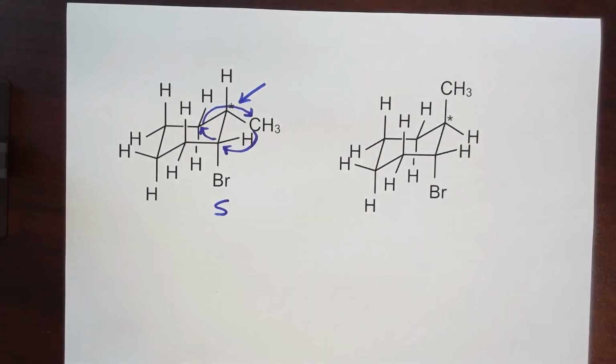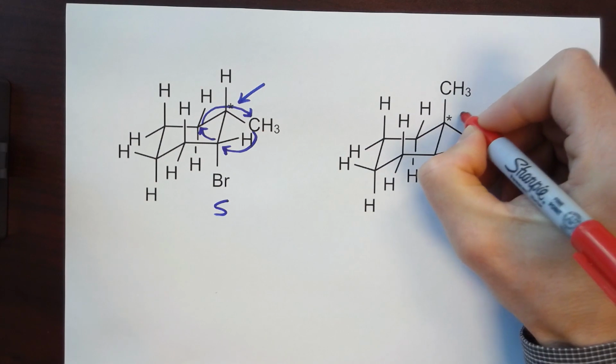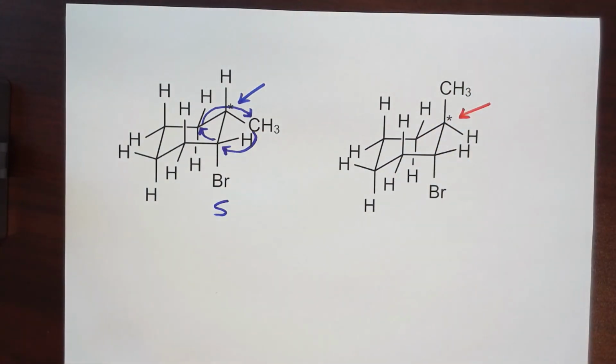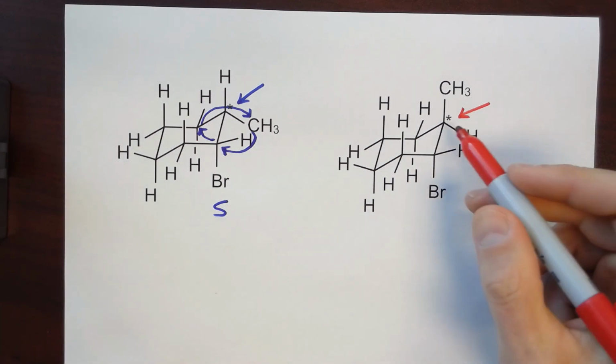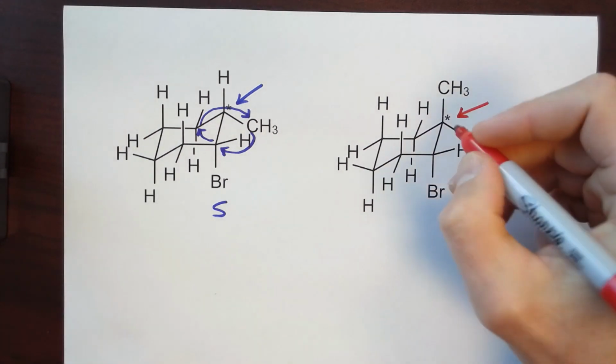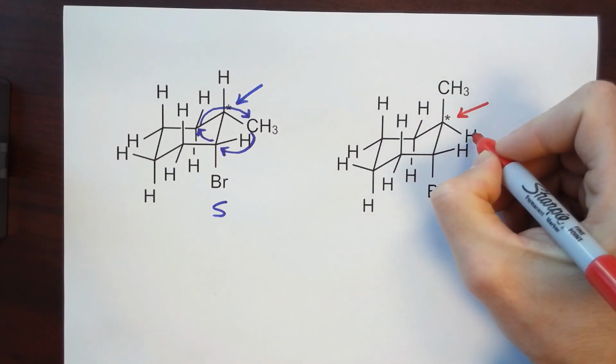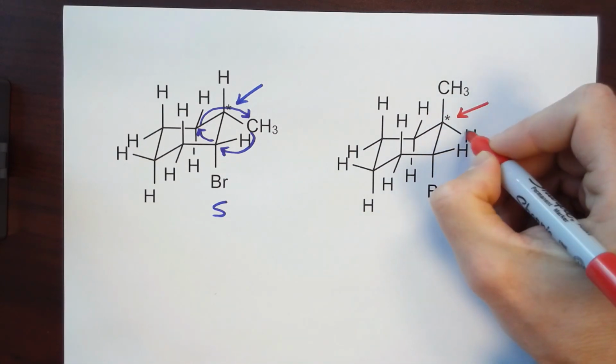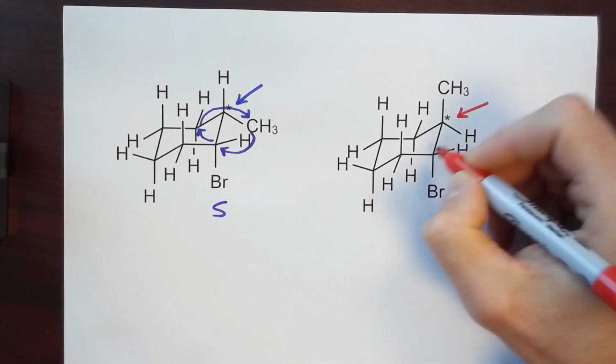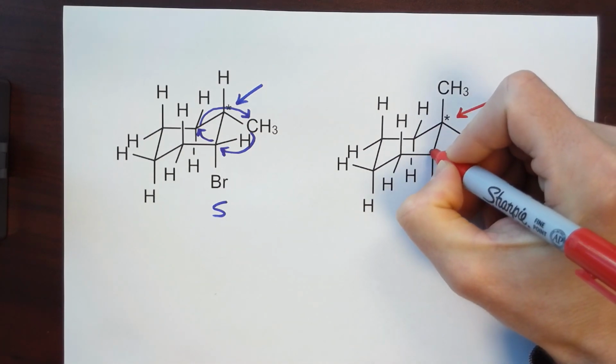Again, we're looking for this blue or this starred carbon. What is the chiral designation for this carbon? Again, the hydrogen is now pointing in this direction right here. This is the front. This is my highest priority group.